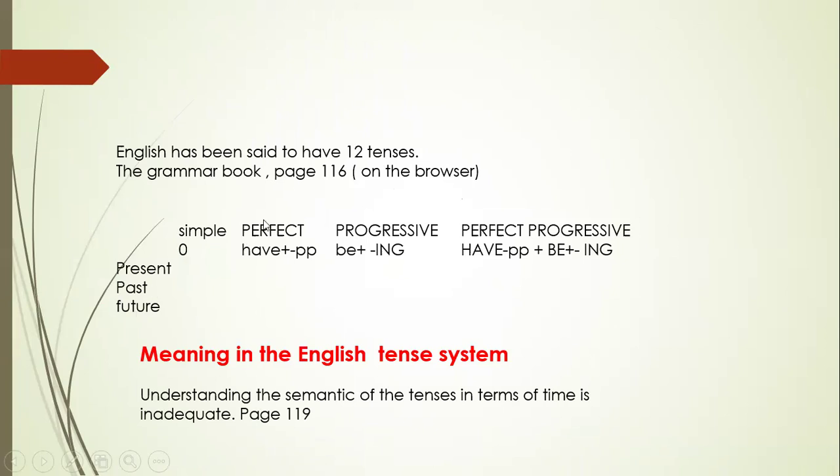This book says the English language has 12 tenses because of the way we can conjugate the different tenses: present, past, and future. We have simple, perfect, progressive, and perfect progressive.